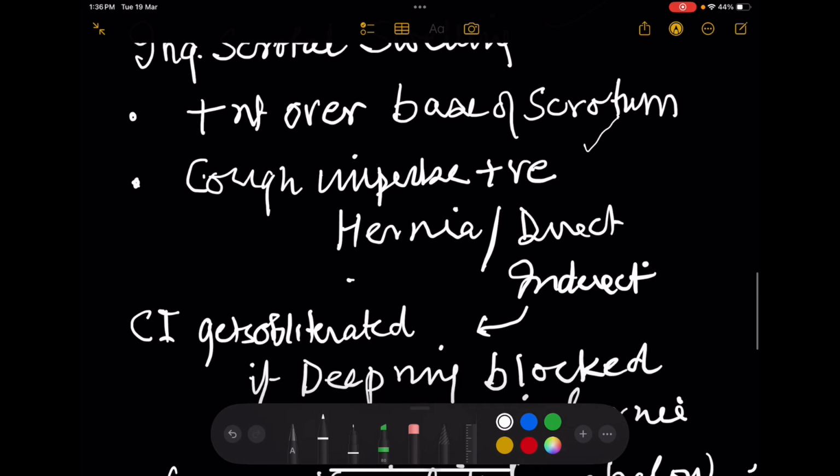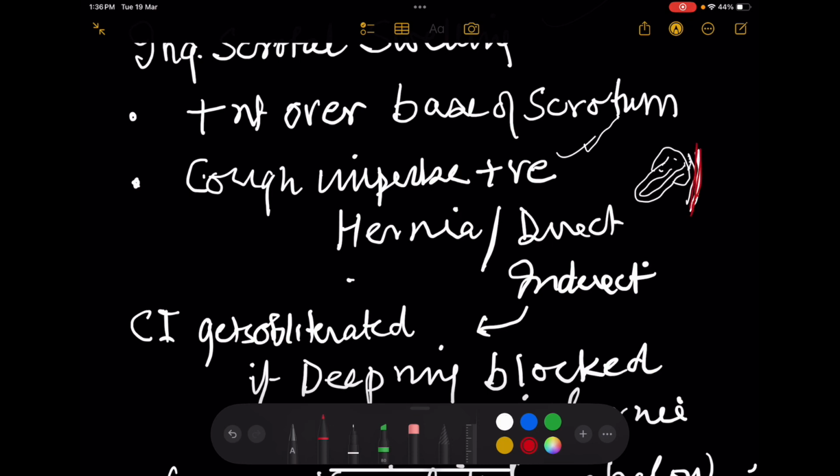Now, in a hernia and also in a varicocele, hernia is an extrusion of any content of the abdomen from the deep inguinal ring into the inguinal canal. In that hernia, the cough impulse will become positive, and the hernia can be through the deep inguinal ring, where this is the artery.